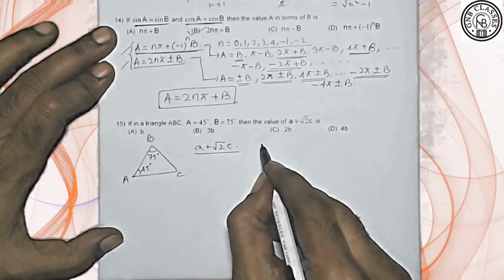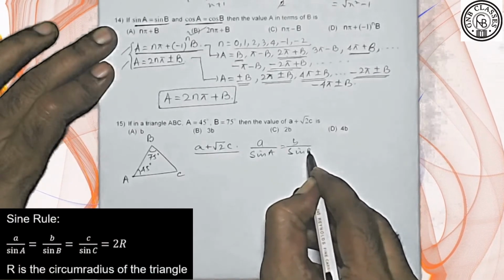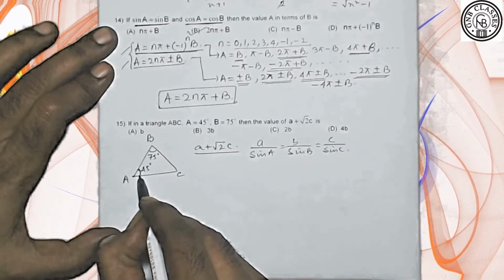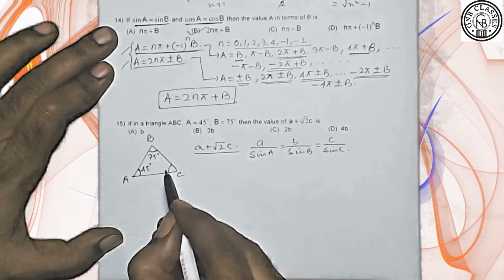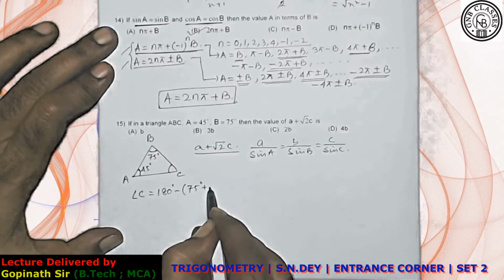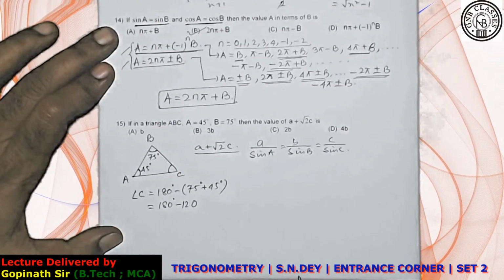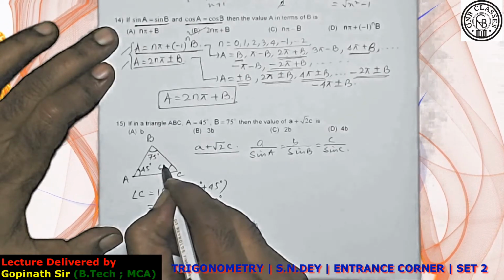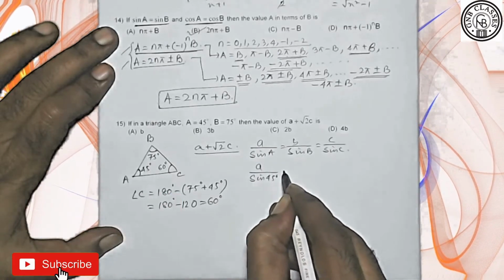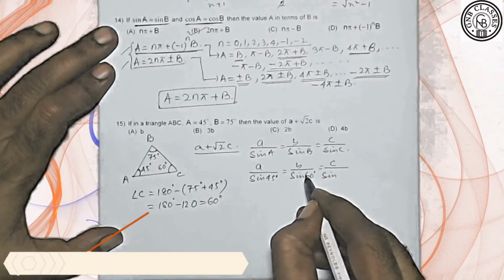We know from the sine rule that A by sine A is equal to B by sine B is equal to C by sine C. Now, if angle A is 45 and angle B is 75, then angle C is 60 degrees.